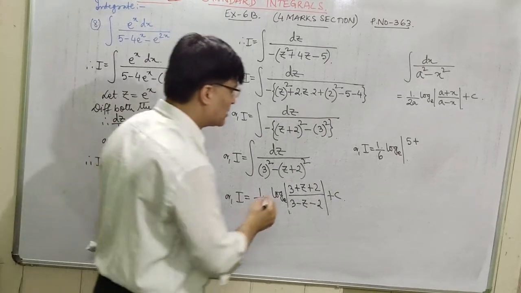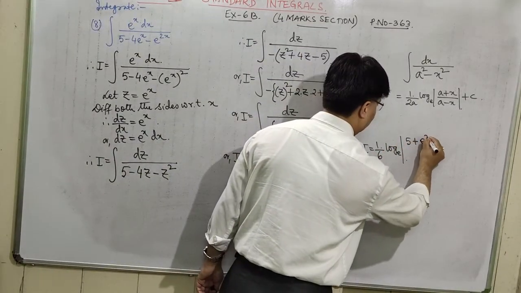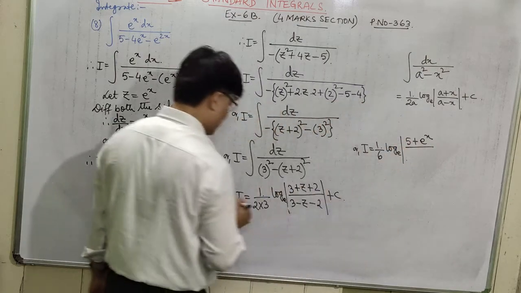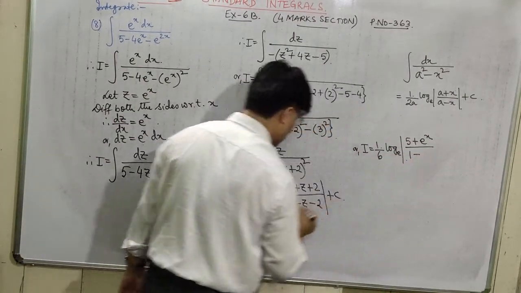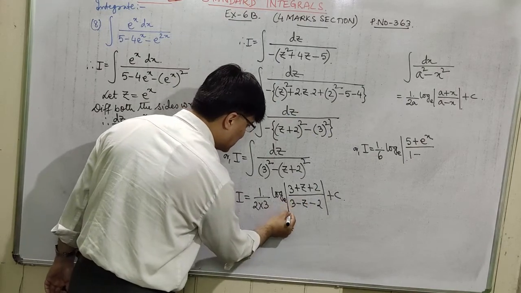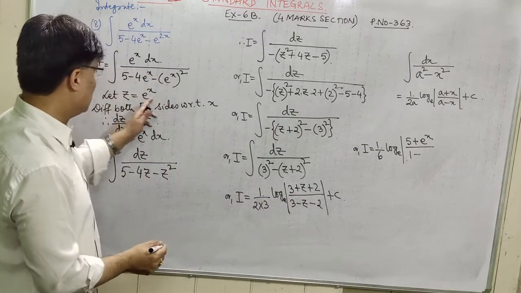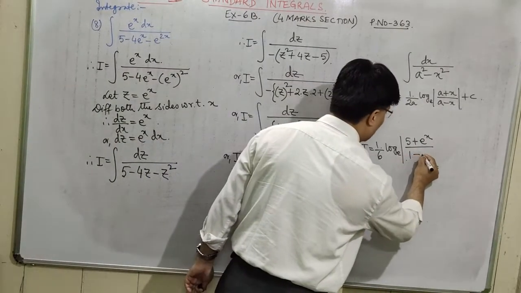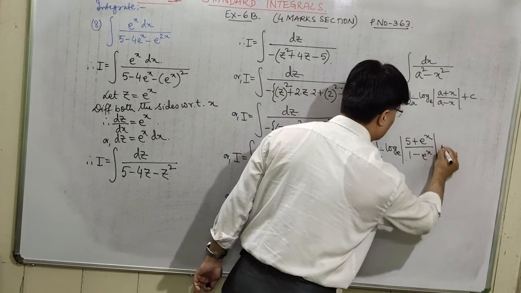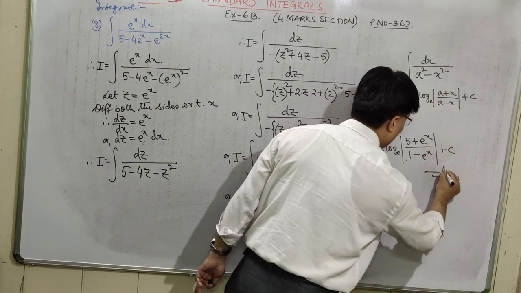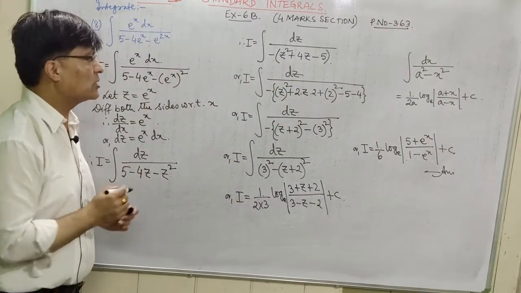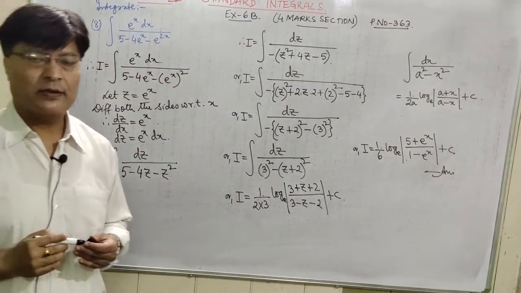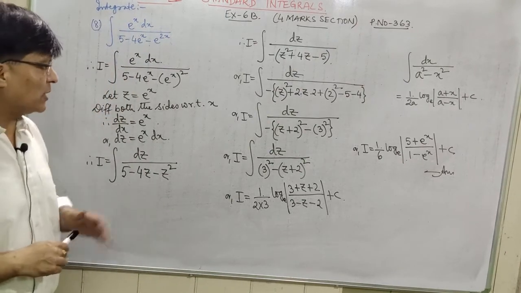It is e to the power x, divided by 3 minus 2 is 1. 1 minus, and what is z in this case? Here the value for z is e to the power x. So you can write e to the power x, mod sign closed, base e, and this is plus c. So this is the final answer. So I think you have understood it.